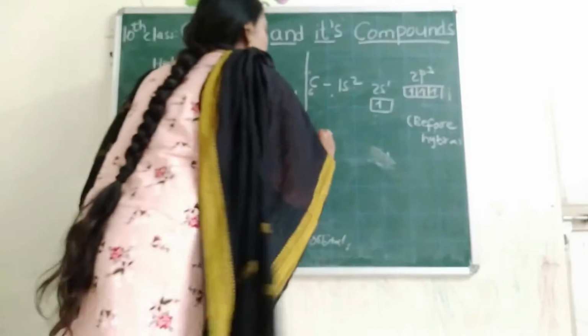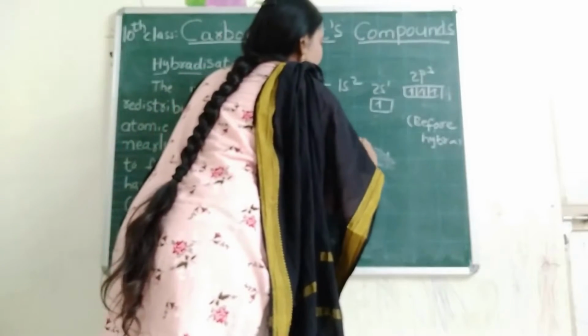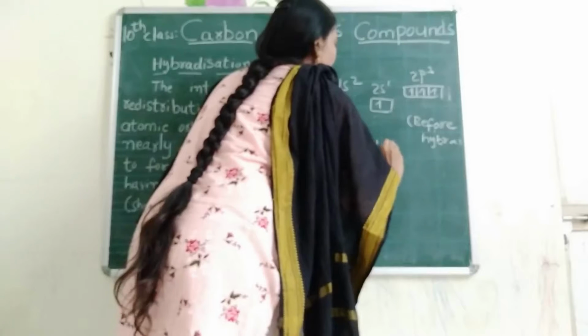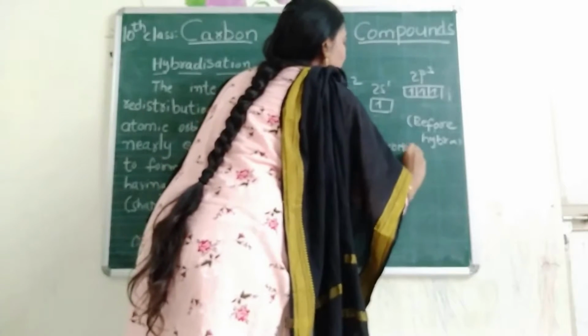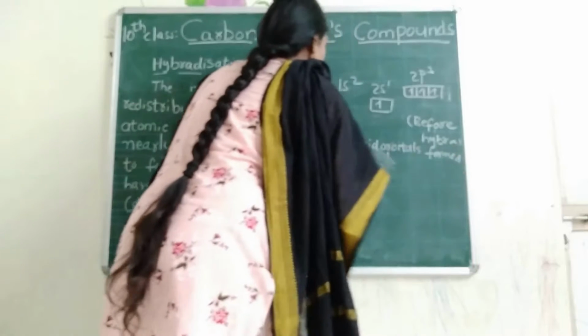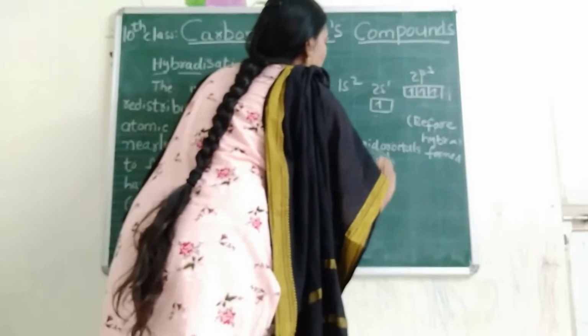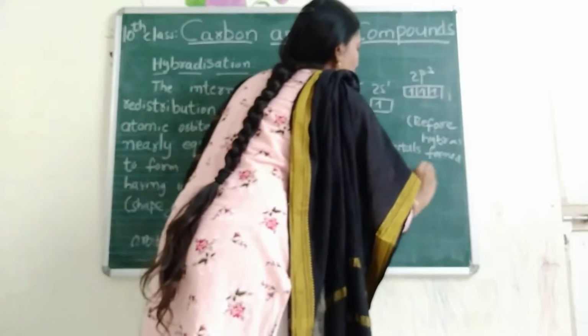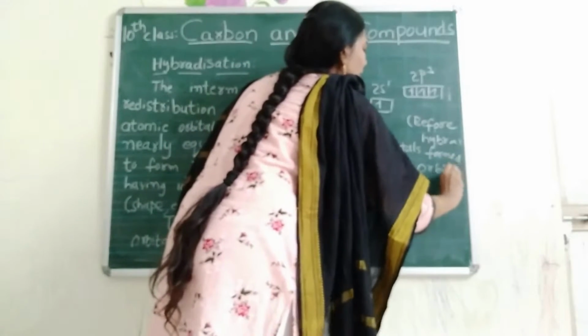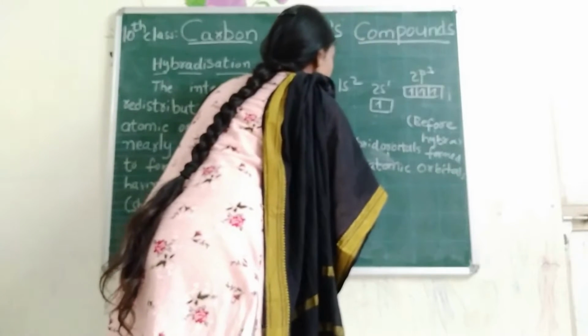The number of hybrid orbitals formed is equal to the number of atomic orbitals intermixed.